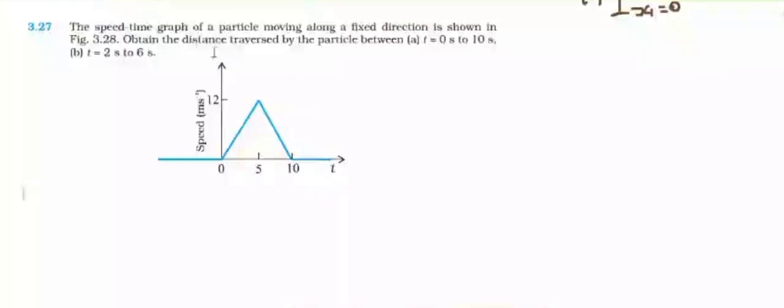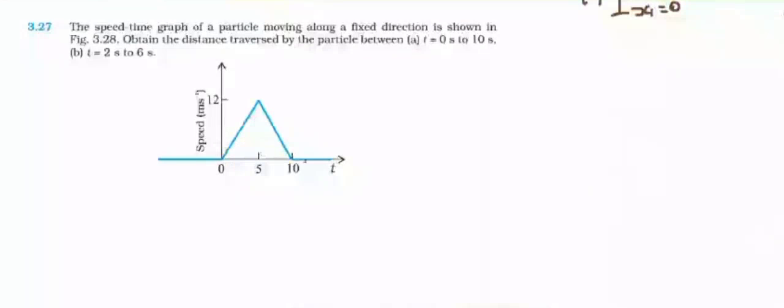And obtain the distance traversed by the particle between t equal to 0 seconds to 10 seconds, and t equal to 2 seconds to 6 seconds. And what is the average speed of the particle over the intervals in A and B? Okay, so let's see how to solve.